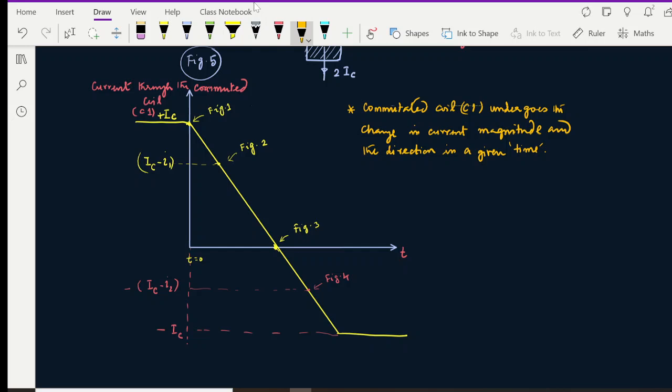And that given time, listen very carefully, this period, where the current in a particular coil changes from positive to negative, this entire period can be marked as TC, where TC is the time of commutation. It is the time taken for commutation.